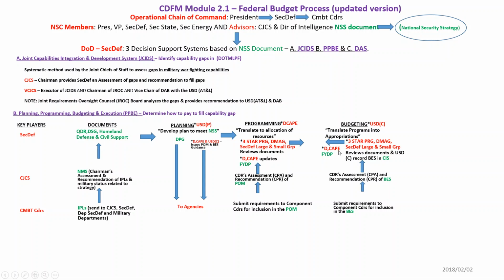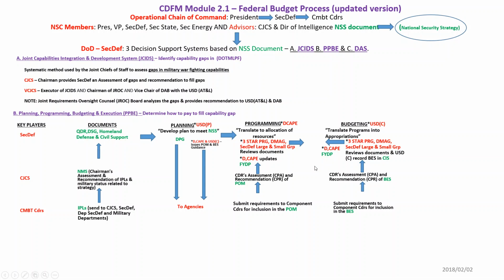And the director of CAPE also updates the Future Year Defense Program. What I want to also bring to your attention is, in the budgeting phase, there's a comptroller information system right here that is also updated. So on the budgeting side, they're not only updating the Future Year Defense Program, the comptroller information system is updated with the budget information.